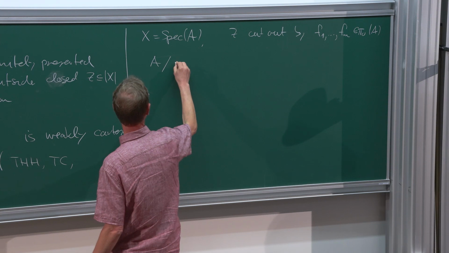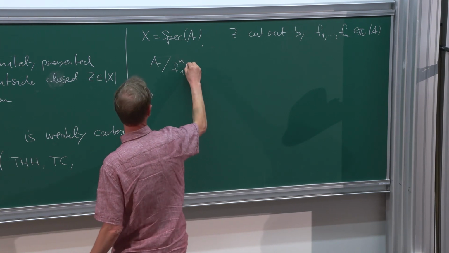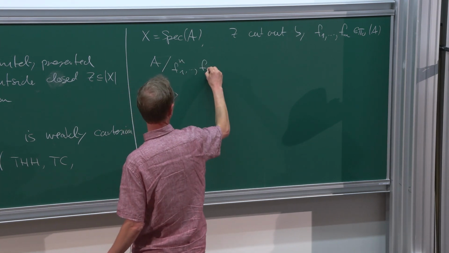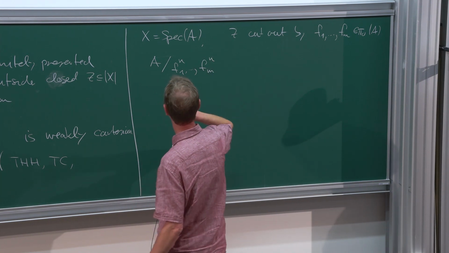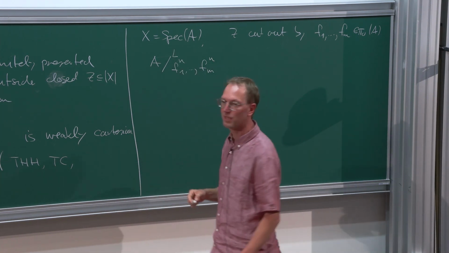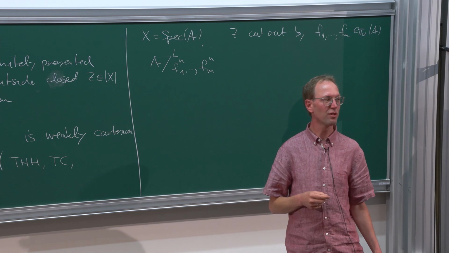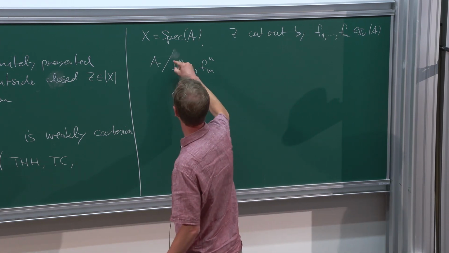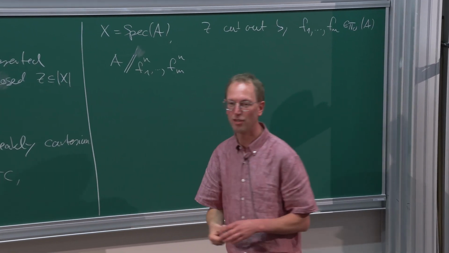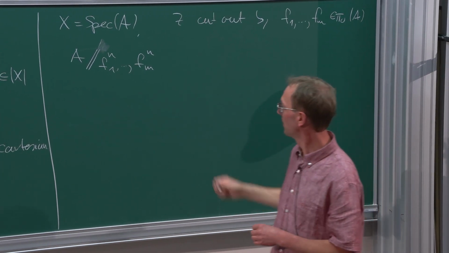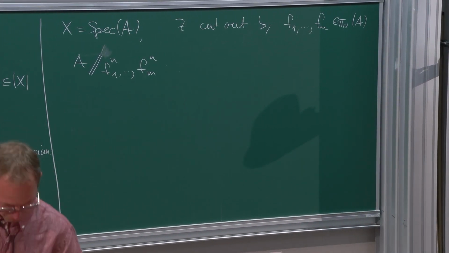You can divide out by powers of these elements, Fm to the n. Previously this was denoted by this derived quotient with an L, and I want to change notation to this double mod symbol, just not to get confused.